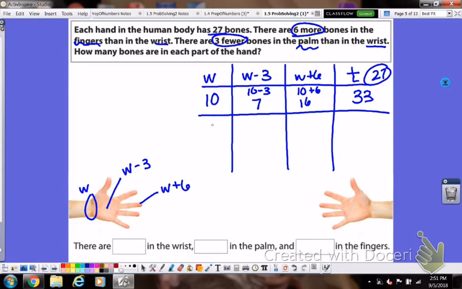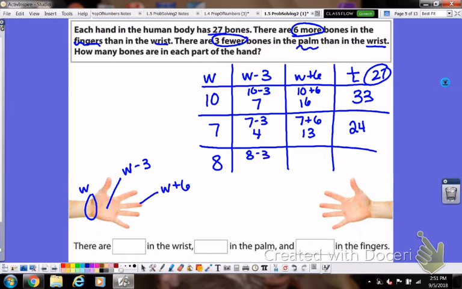If I tried 7 next. Okay, so 7 minus 3 gives us 4. 7 plus 6 gives us 13. If we added those together, 24. Now we're too low. So we know it's somewhere between 7 and 10. If I just go up by 1, let's say that there are 8 bones in the wrist.